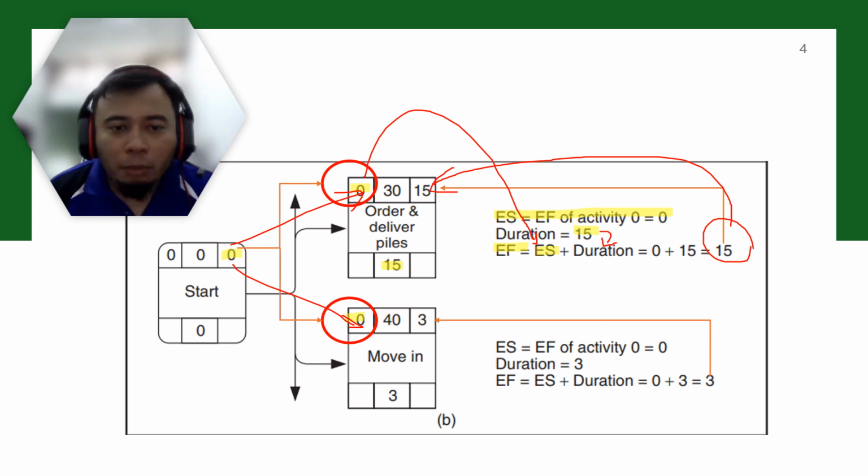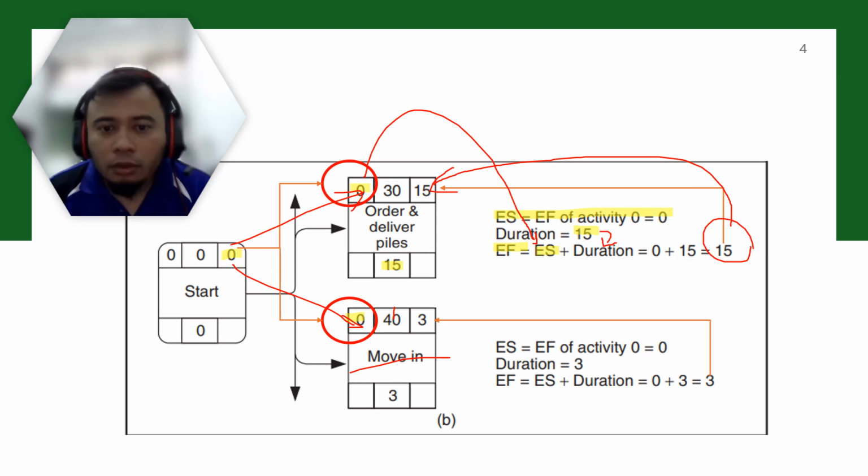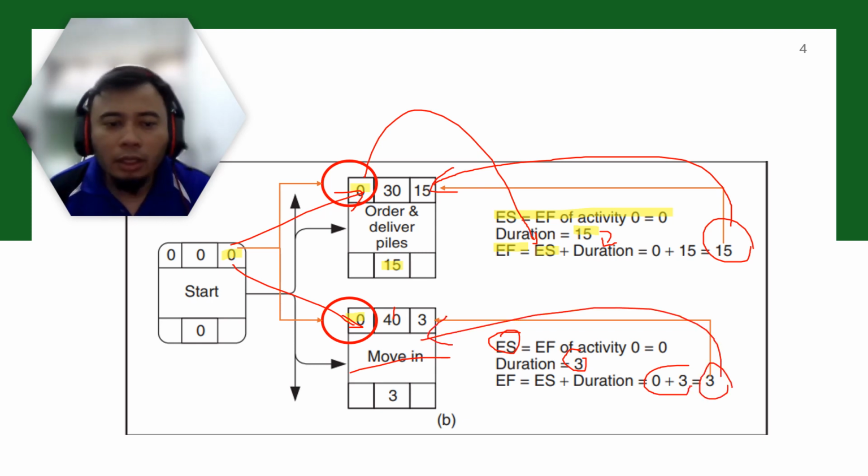Activity number 40 is move in. Similarly, the start is day 0. Your day 0 is your ES, because ES is equal to the EF of the previous activity. Duration is 3, so 0 plus 3, your earliest finish is day 3.